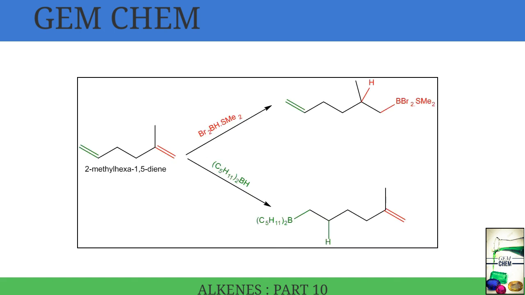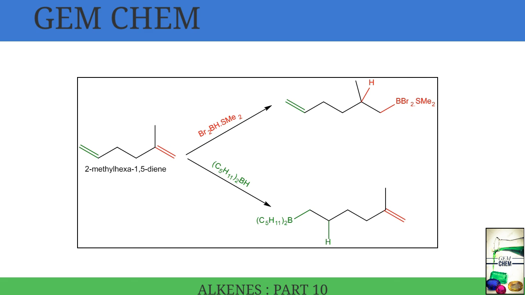Now see, this is an example where we have used another kind of borane to promote the reaction and get the usual regioselectivity. Halogenated boranes react with usual regioselectivity with the addition of boron atom to the less substituted end of the carbon-carbon double bond.